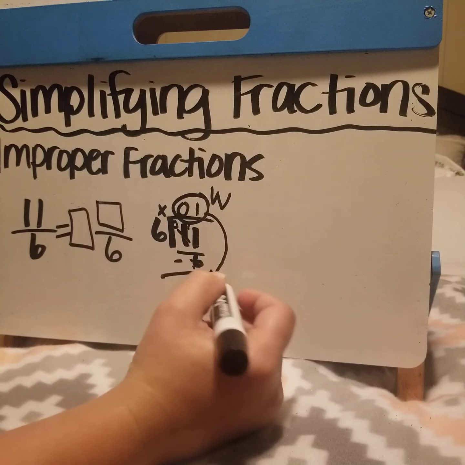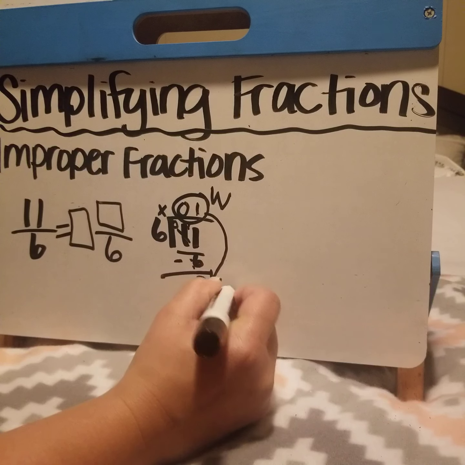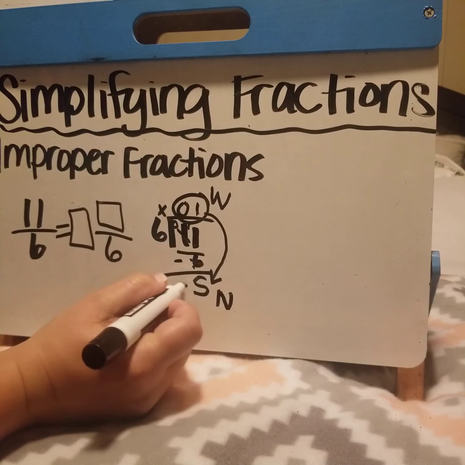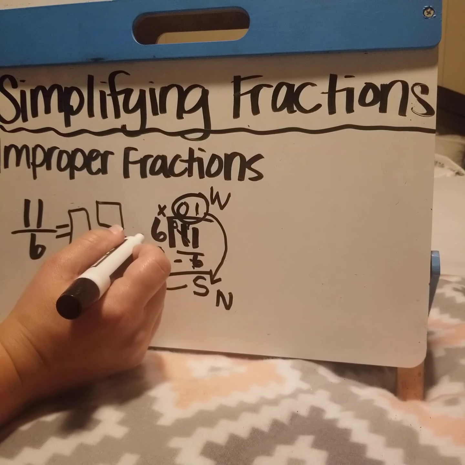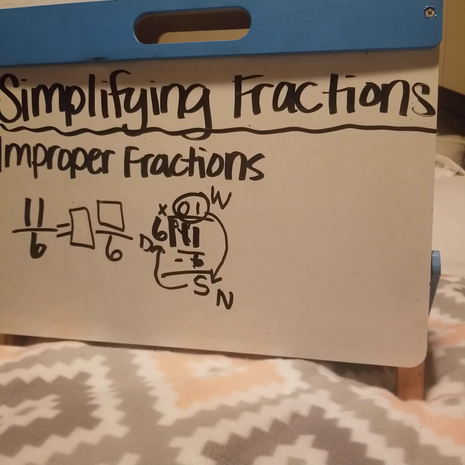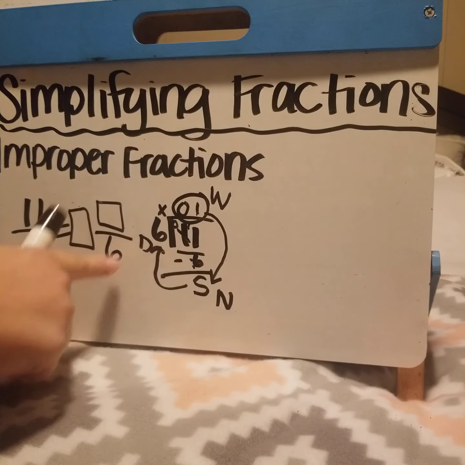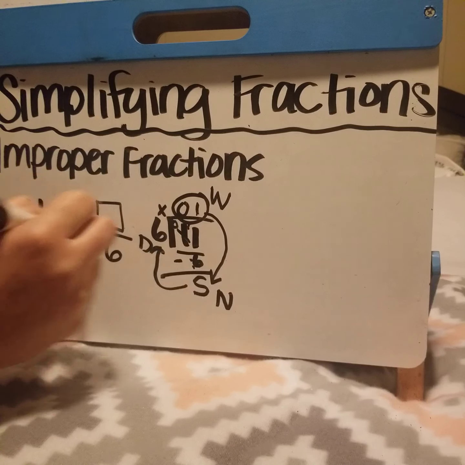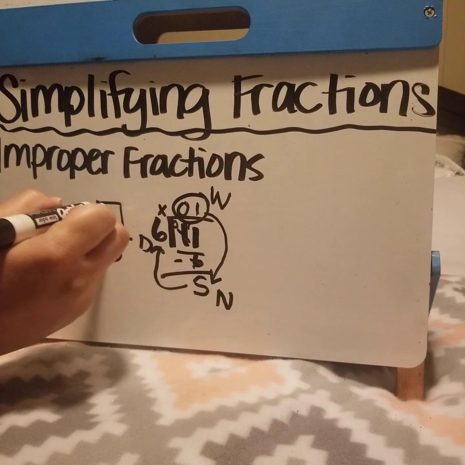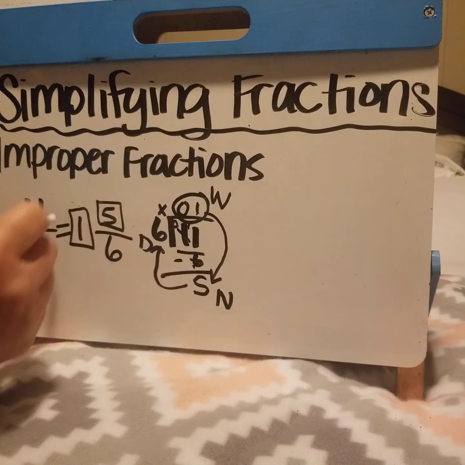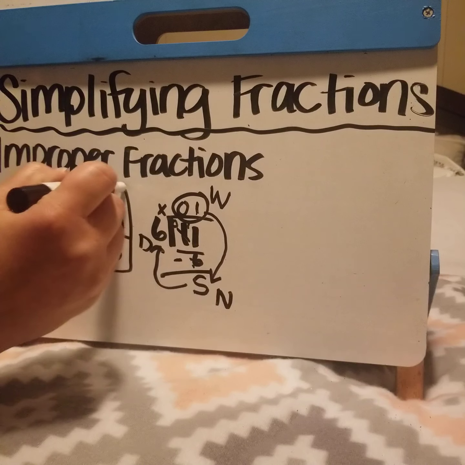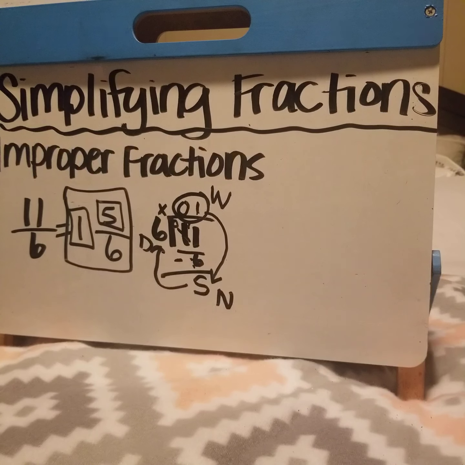We're going to say it's our numerator. It's how many parts are left. And then we go back up to our divisor, and that is our denominator. So my denominator stays the same. My whole is 1. My numerator is 5. Denominator stayed the same. So the simplified version of 11/6 would be 1 5/6.